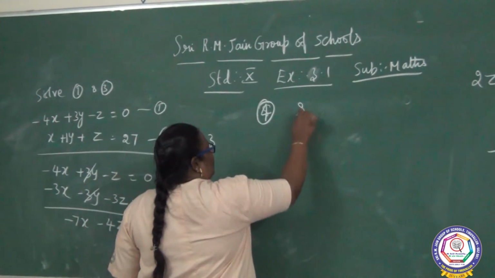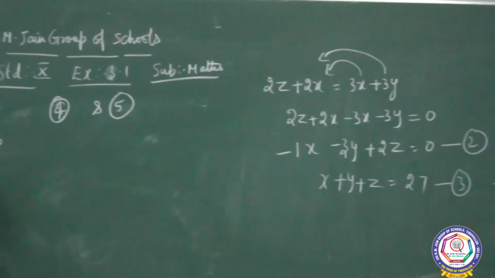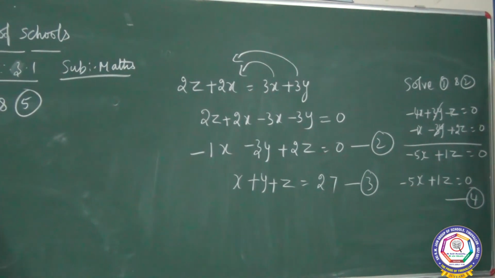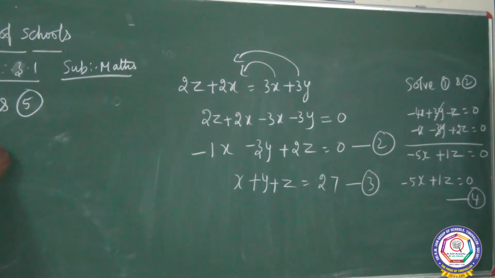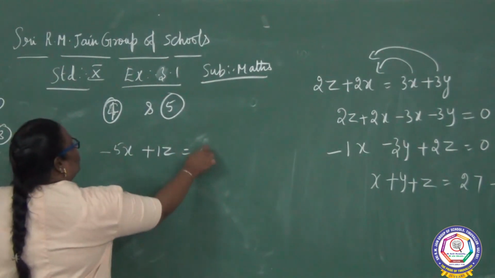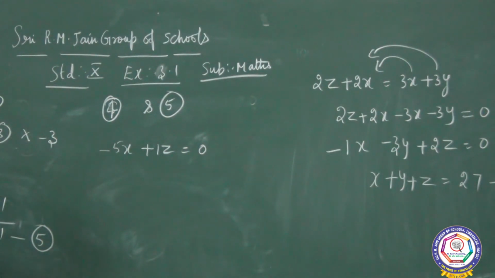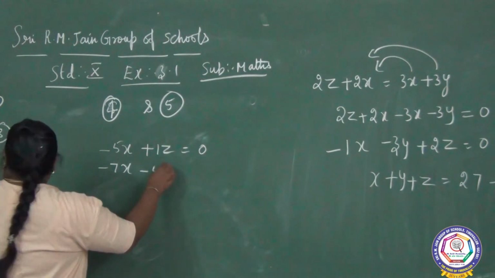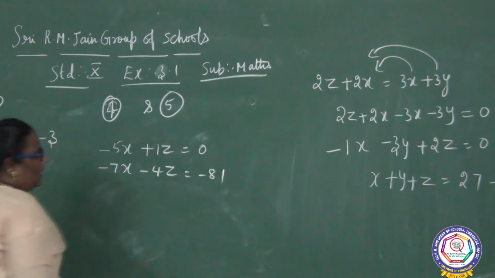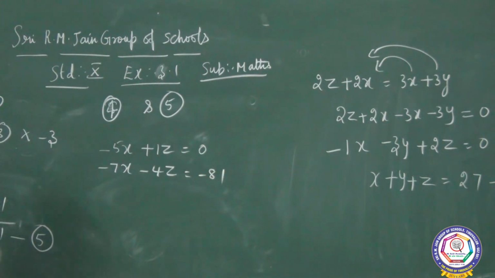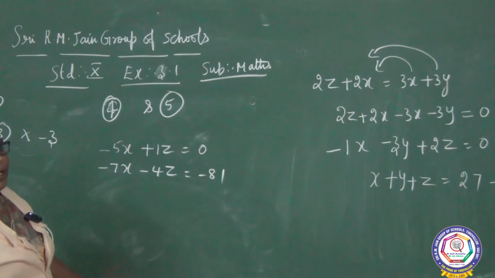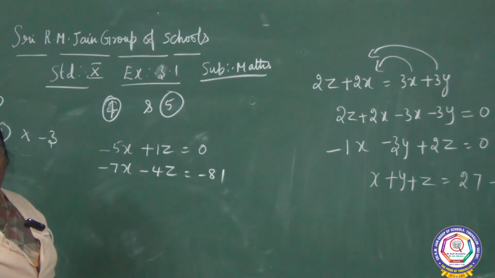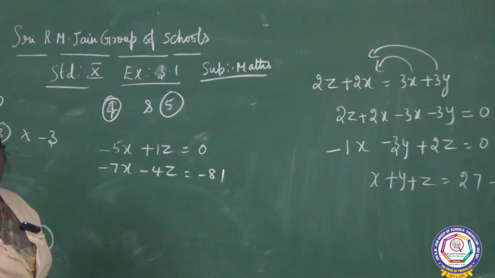Take fourth equation and fifth equation. What is the fourth equation? -5x + 1z = 0. What is the fifth equation? -7x - 4z = -81. I already told you a1/a2 not equal to b1/b2 not equal to c1/c2 is nothing but a unique solution.